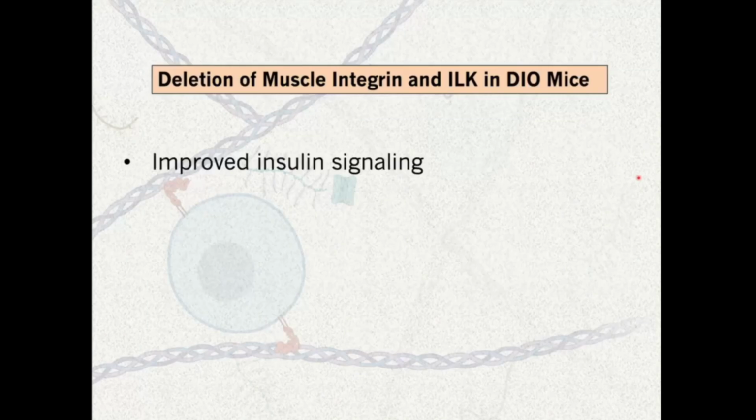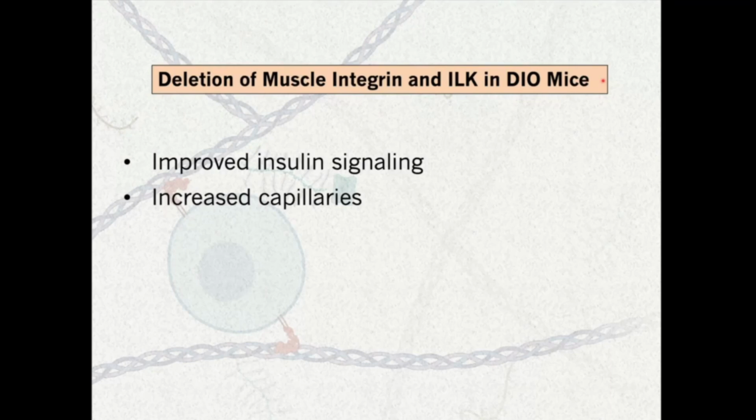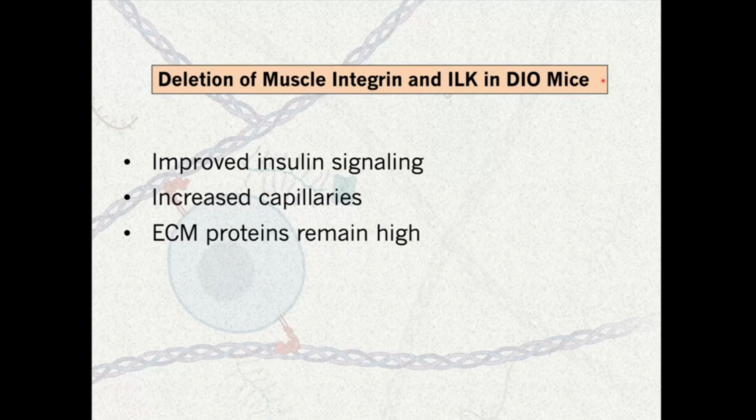So what I didn't show is that deletion of muscle integrin and ILK in DIO mice improves insulin signaling. They increased the number of capillaries in the muscle, but the ECM protein content remains high.